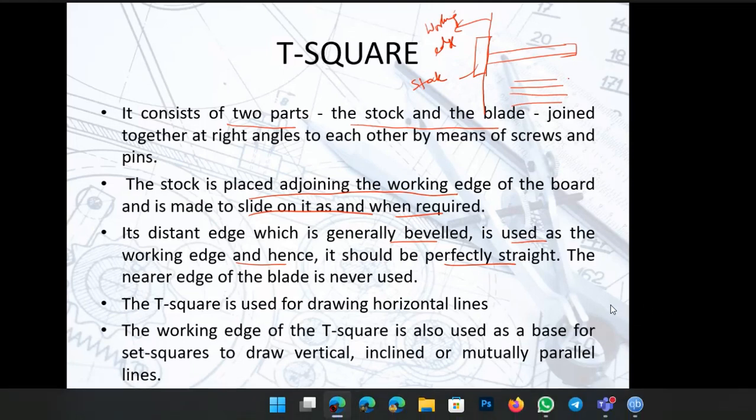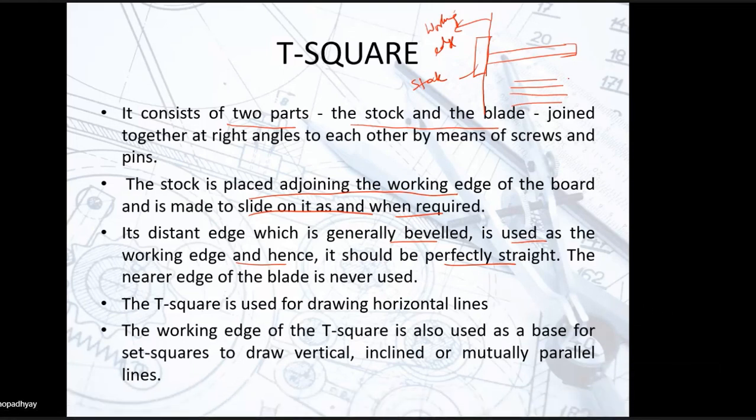Ultimately on the drawing sheet you can have lines. Right. So the T square also acts as a base using which you can draw vertical lines, right?